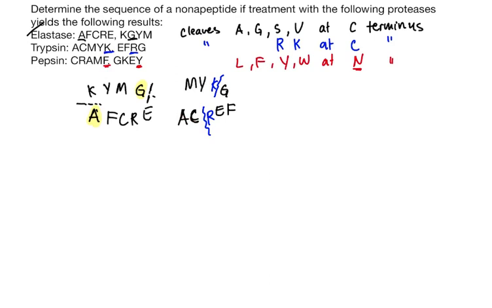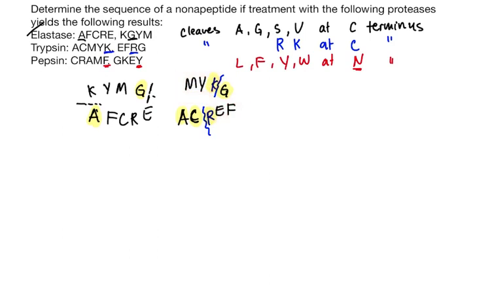So if we've already established that originally G and A are there, we know that R should be here and K should be there. C was sandwiched between the A and R, so this is the only position it can take. So what we are left with are methionine, tyrosine, glutamic acid, and phenylalanine.